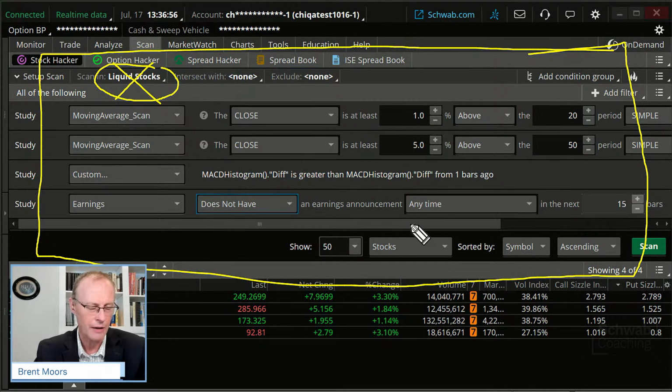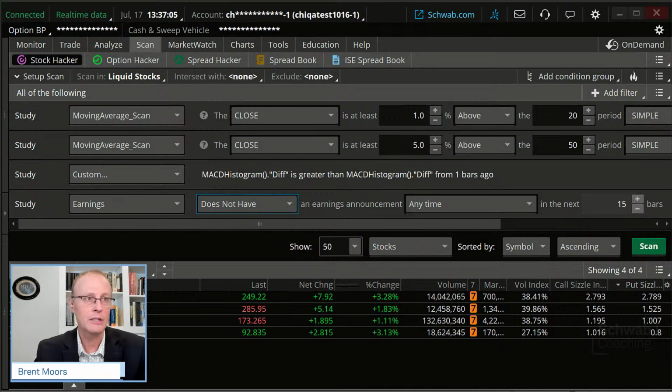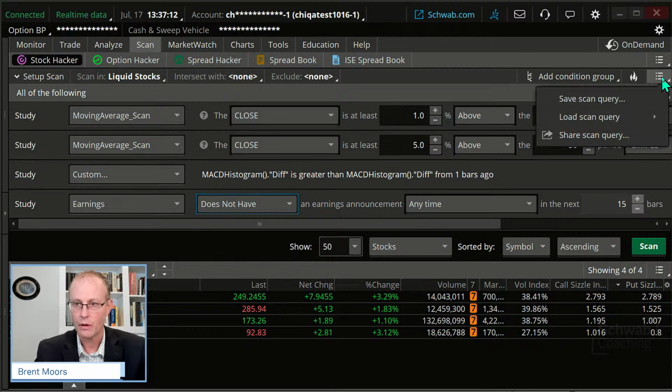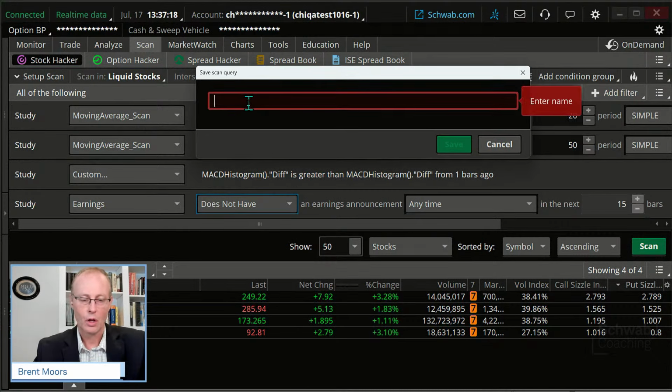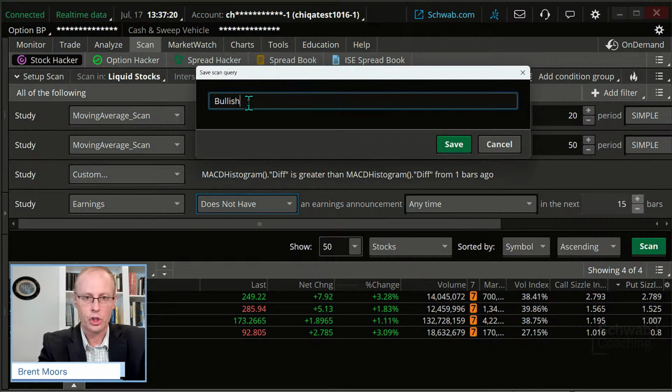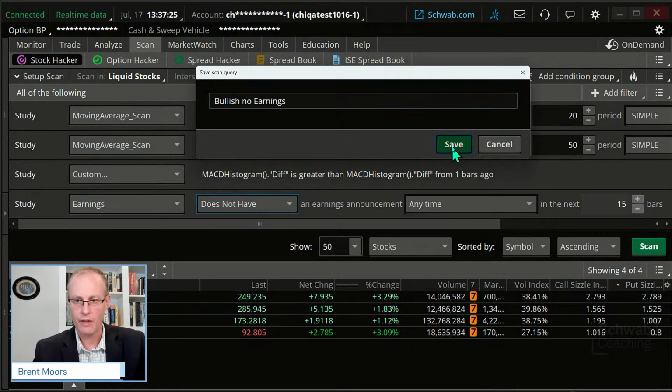I don't know if it wouldn't run or if it would give me an error message. I suspect it probably would, but there you go. Okay. Let me save this, and I'm going to go to Save Scan Query, and we're just going to name it Bullish No Earnings. Okay, save that.